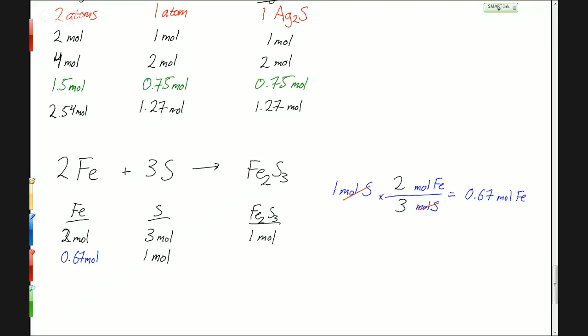Then we can do the same thing with the other one. One mole of this. But this time, we're going to again get rid of moles of S and instead have moles of Fe2S3. And according to the equation, that's 3 of these to 1 of these.